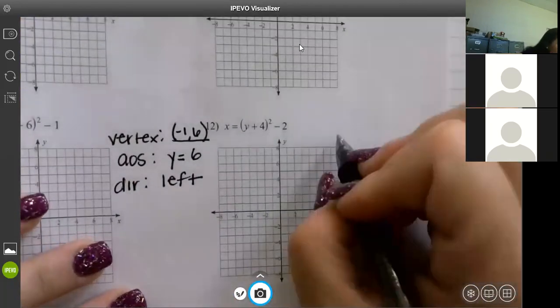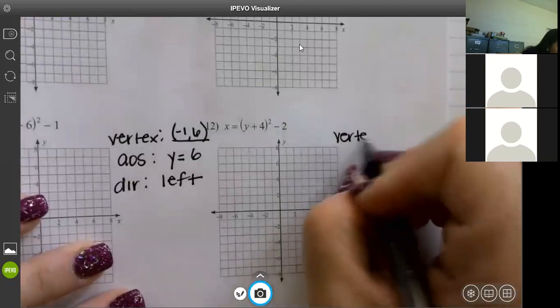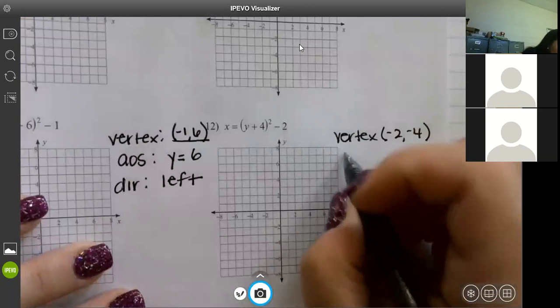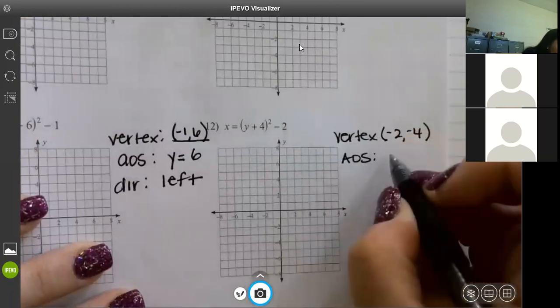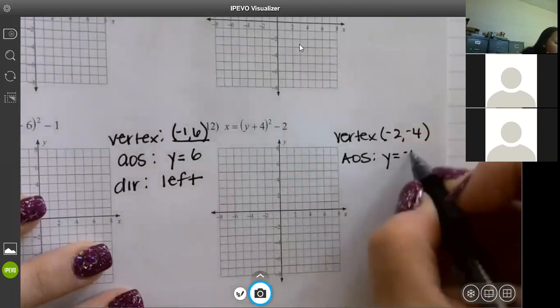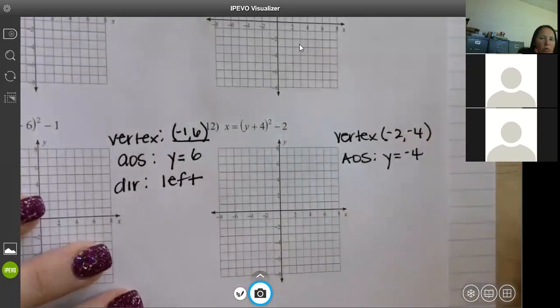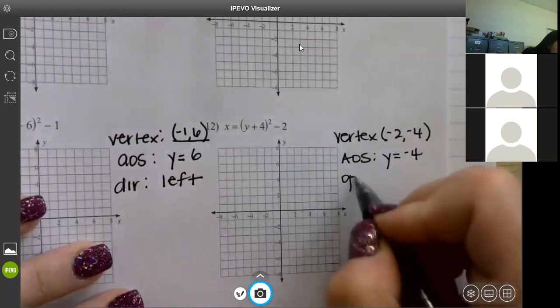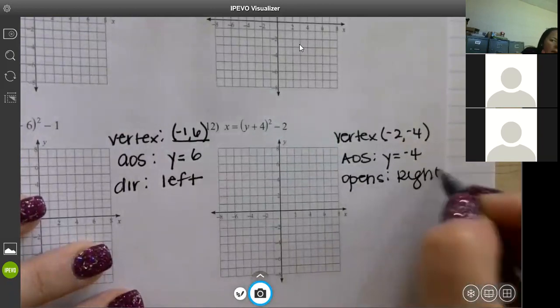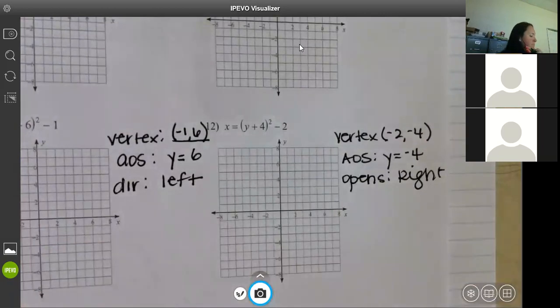Already in vertex form. What's your vertex? -2, -4. Your axis of symmetry. Y equals, and it's whatever the y coordinate is, which is -4. And which way does it open? And again, opens right because it's positive.